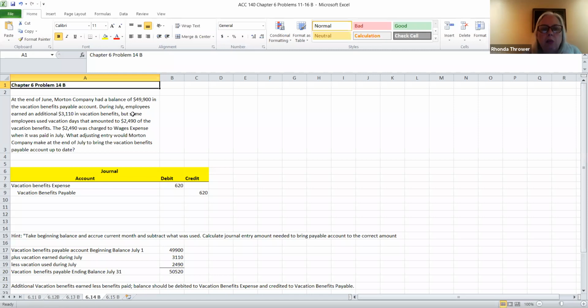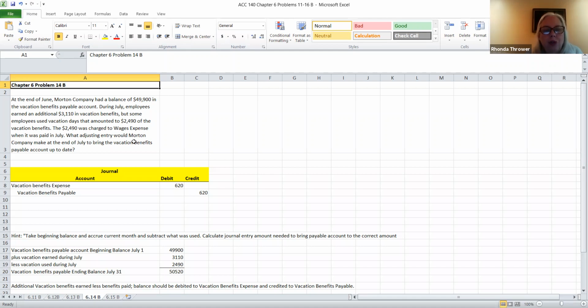During July, employees earned an additional $3,110 in vacation benefits, but some of the employees used vacation days that amounted to $24.90 of vacation benefits. The $24.90 was charged to the wages expense when it was paid in July.